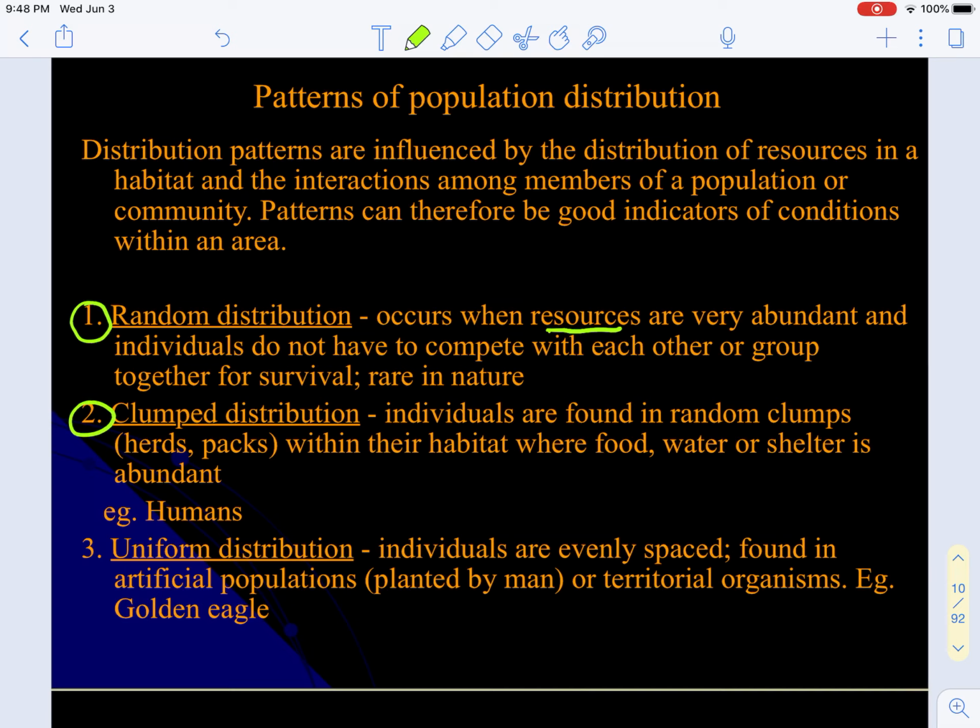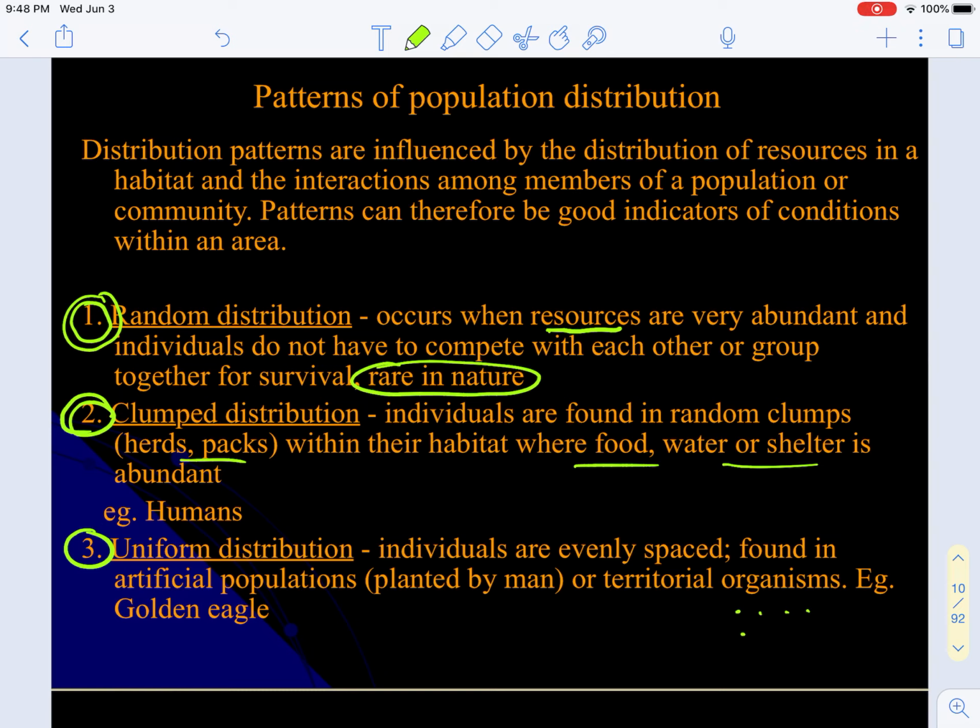Random would be where they do not have to compete, so they are rarely found randomly because they are usually found clumped in a herd or a pack and where there is certain food, water, or shelter. So, right, random is all over the place. Clumped is where they find food or shelter.